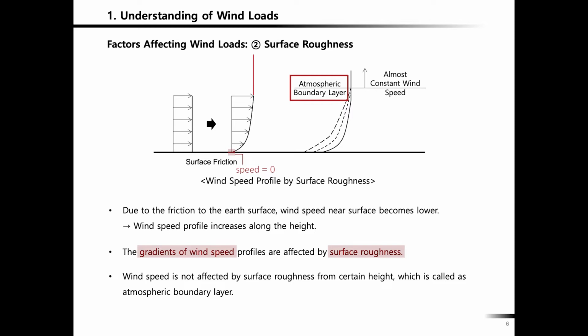Coastal area, of course, is very large. Then inside the land, far from the coast, it's large. And if you have a city, very large. The roughness is very large. And if it's suburban, so smaller.